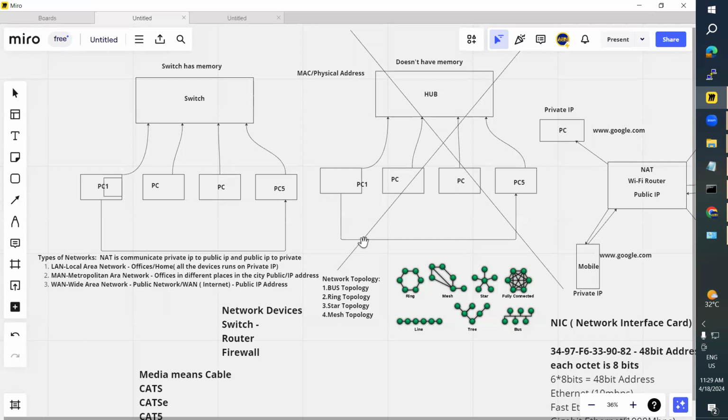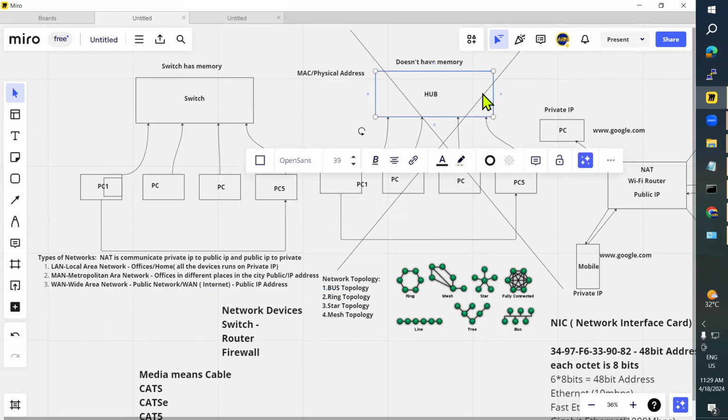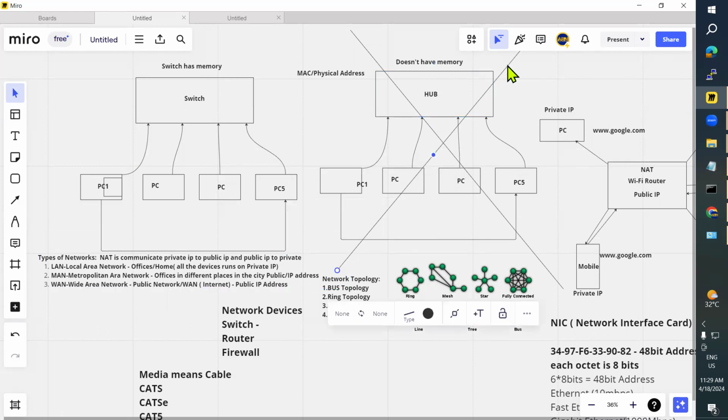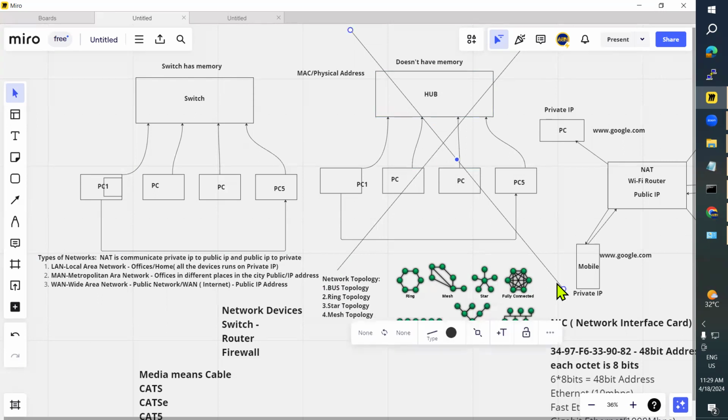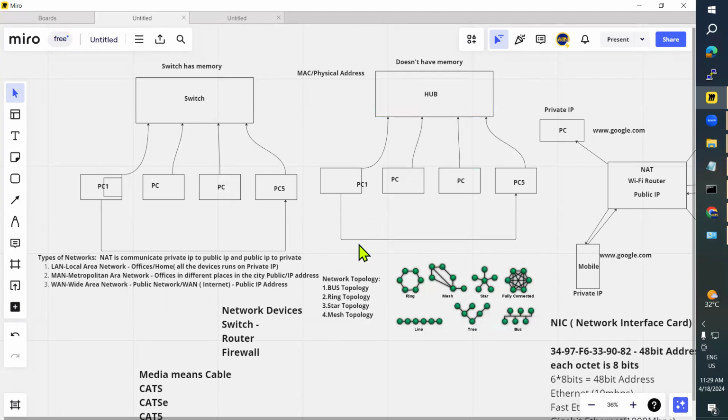For example, let's say this is a switch and this is one network, network one. This is network two.